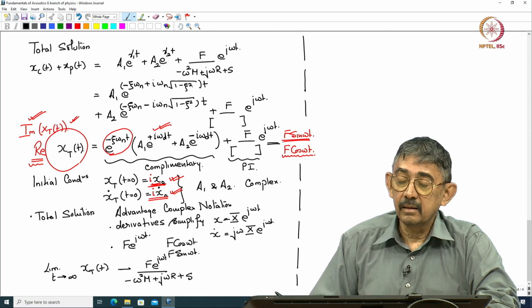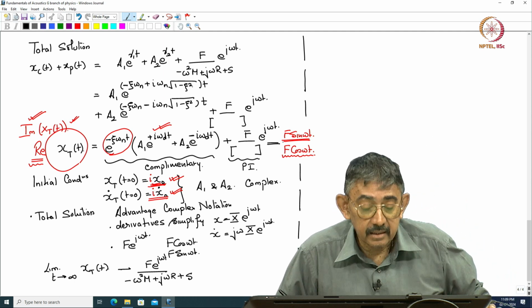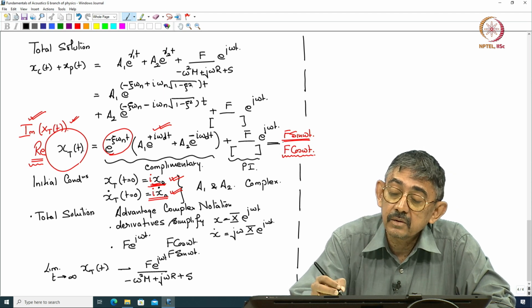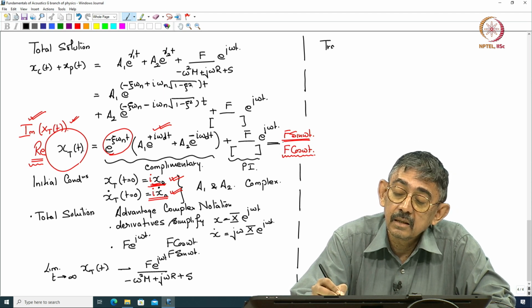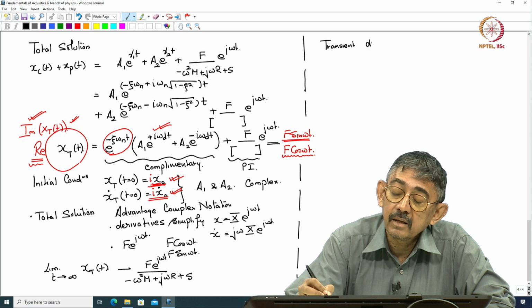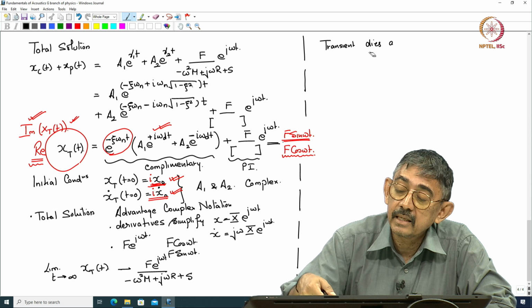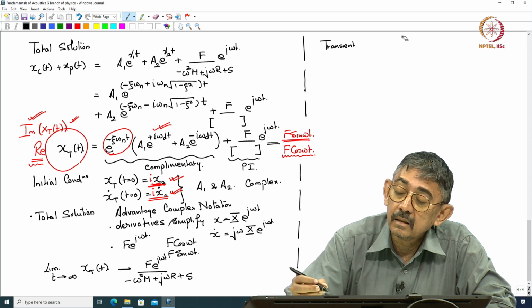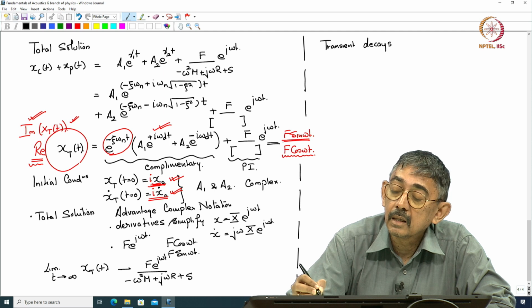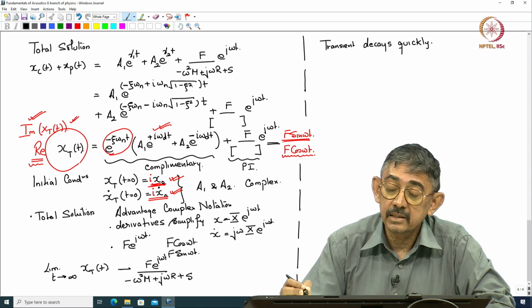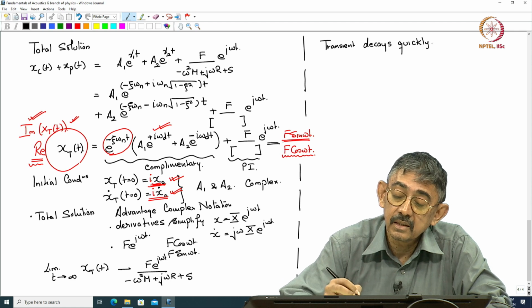Most of the time the transient is of little interest to us, because it actually decays away quite quickly, and the response is largely due to the forcing, which is this particular integral.